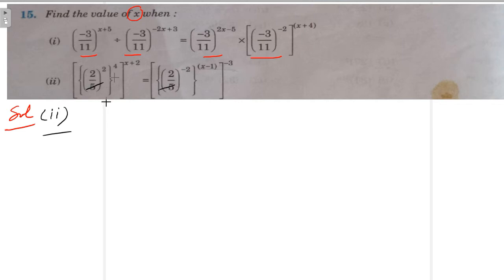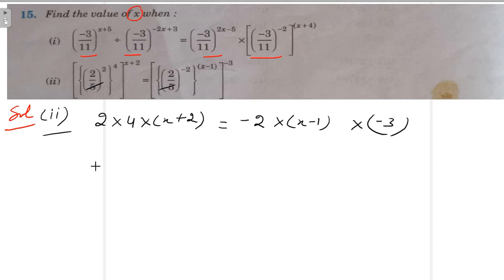So it would become 2 powers into 4 into x plus 2 equal to minus 2 multiplied by this power multiplied by minus 3, right?